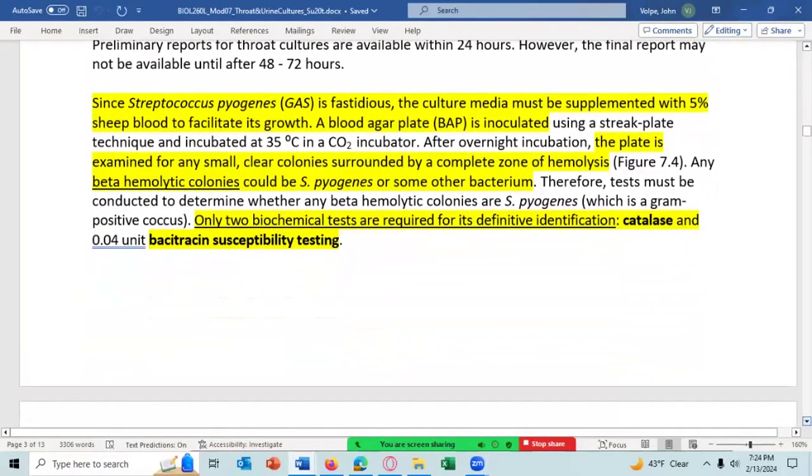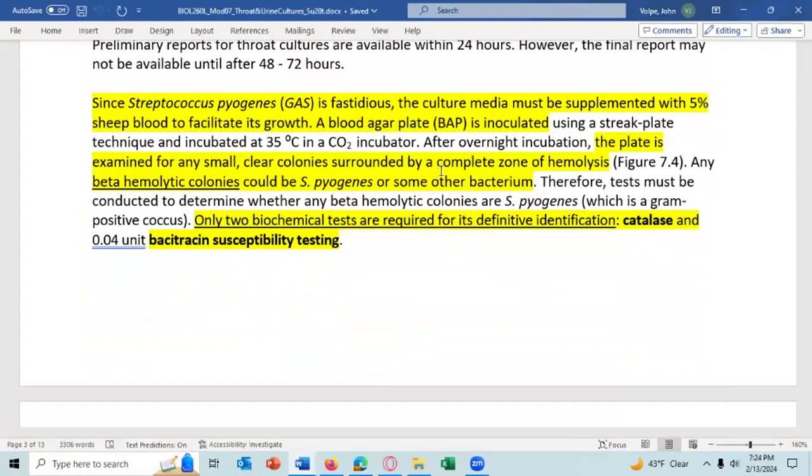Streptococcus pyogenes is fastidious, so it needs to grow on blood agar. What we do is we swab the blood agar plate from the throat culture, and then we allow that plate to grow, and you look for small white colonies that have clear, complete zones of hemolysis around them.